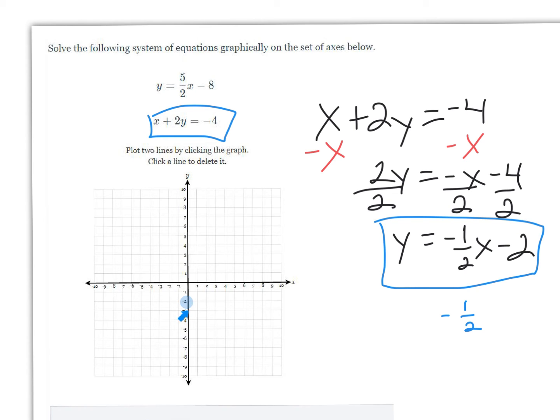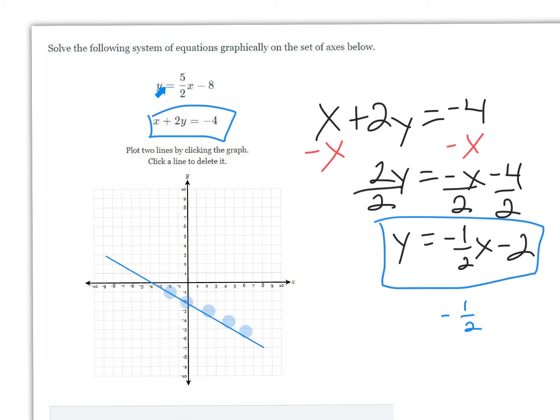So -1 over 2, and put our next point, and that point would go right there. And then we could continue doing that, down 1 over 2, down 1 over 2. Or we could go up 1 to the left 2. And there is our graph. So let's go ahead and graph that line. It would look something like this. All right, so that is that equation.